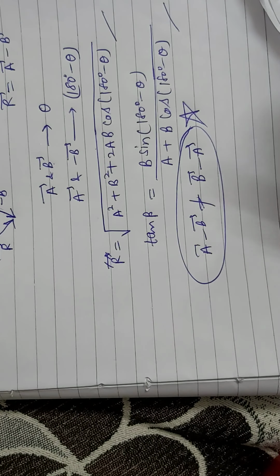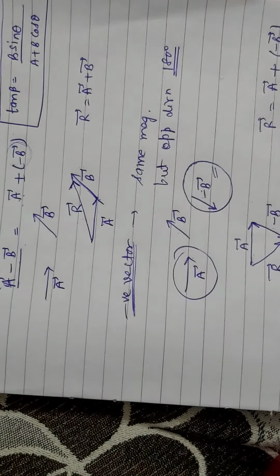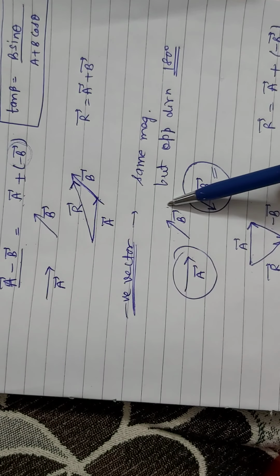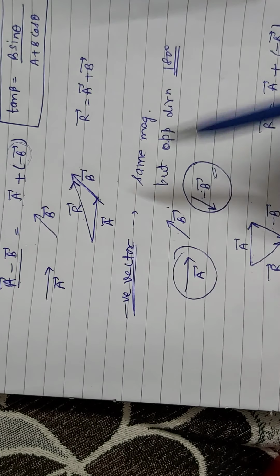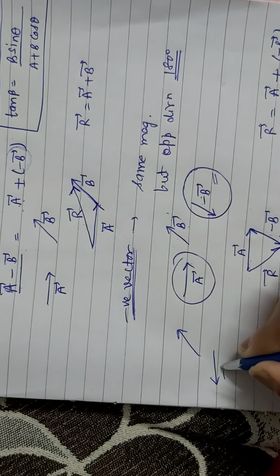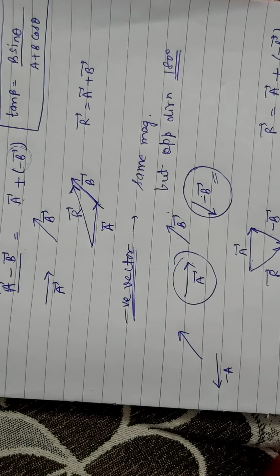And you can understand this by drawing the diagrams of the vectors by yourself. This is A, B. A minus B means we need to take the negative of vector B. But if we are doing B minus A, the result is going to be totally different.